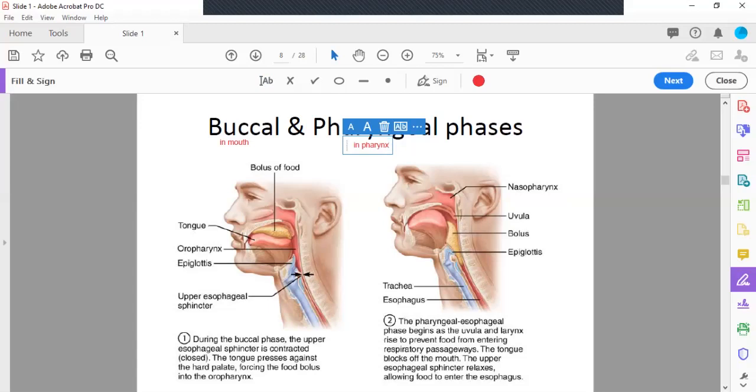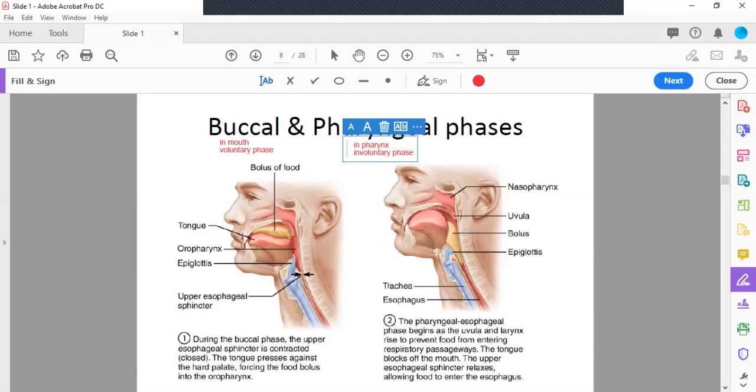Now, once in the oropharynx, we have what's called the pharyngeal phase. Do keep in mind that the buccal phase is voluntary, and the pharyngeal phase is an involuntary phase.